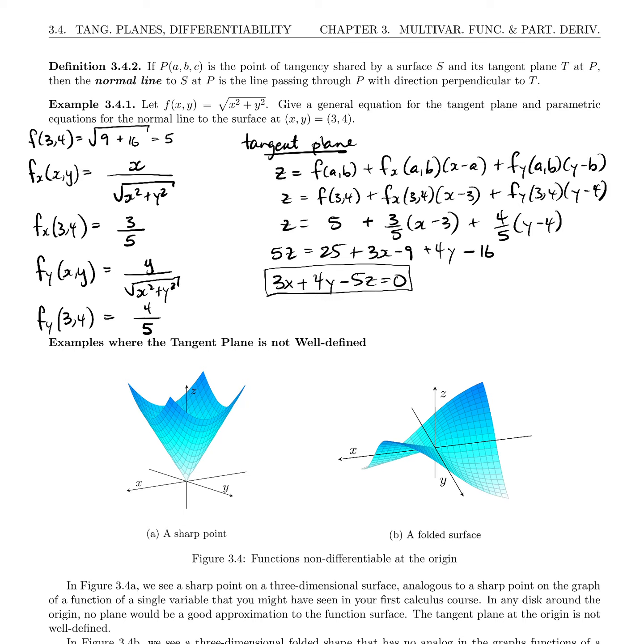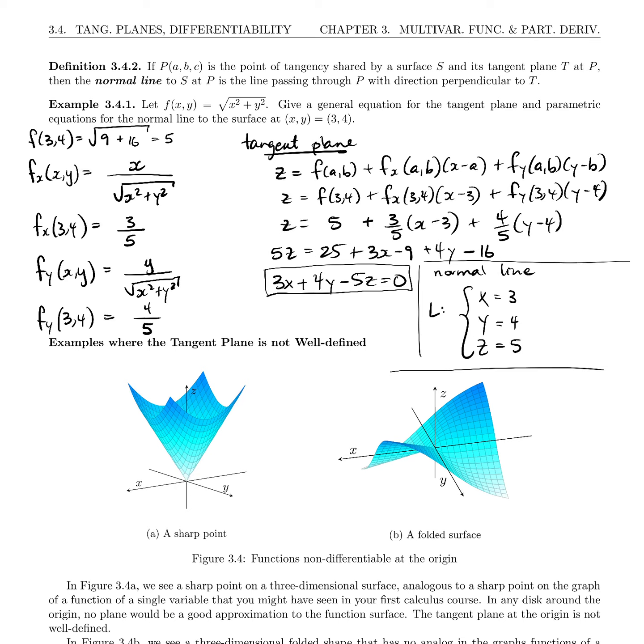Now I haven't left myself a whole lot of space here. Let's maybe carve out a little bit for the normal line. We're asked for the parametric equations for that normal line, and so we're going to have x, y, and z equal. They will pass through the point that we know, and that is the same point that we have, a, b, and f(a, b), so the point (3, 4, 5).